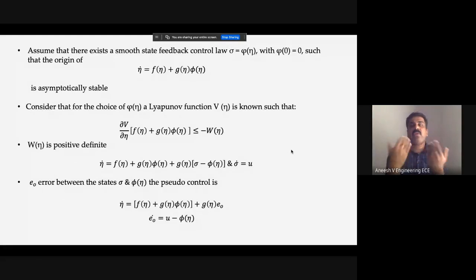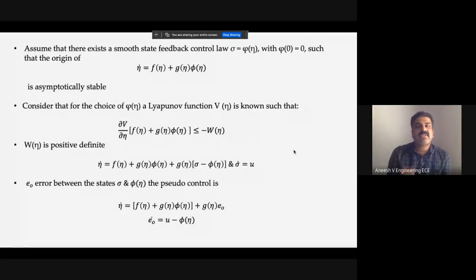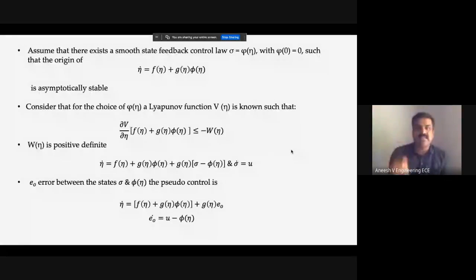Now, how can we design this particular backstepping control law? Assume that there is a smooth state feedback control law. I am assuming a variable phi of eta with phi of 0 equal to 0, such that it is a Lyapunov stabilizing function having a positive, radially unbounded term.